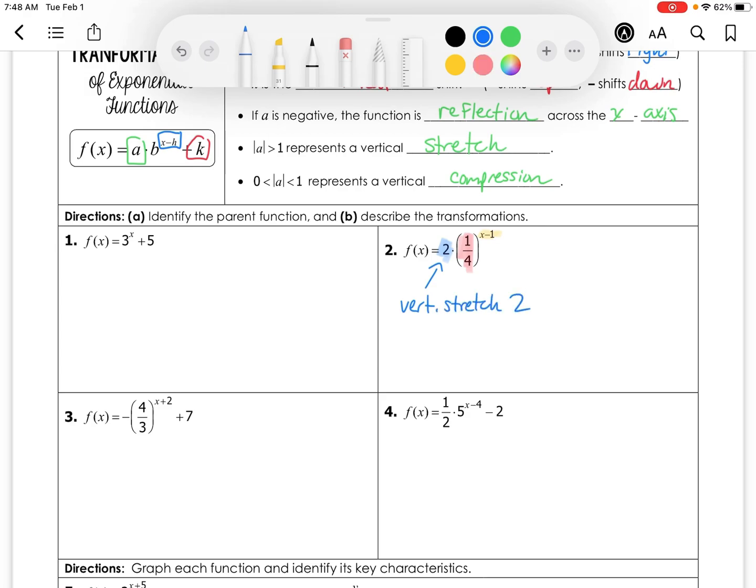There's no reflection. The 1/4 helps us determine what the parent function is. So the parent function is just f of x equals (1/4) raised to the x power. That's just the basic graph. When I say parent function, you just need the y equals b raised to the x power. And then the h value moves it right 1.